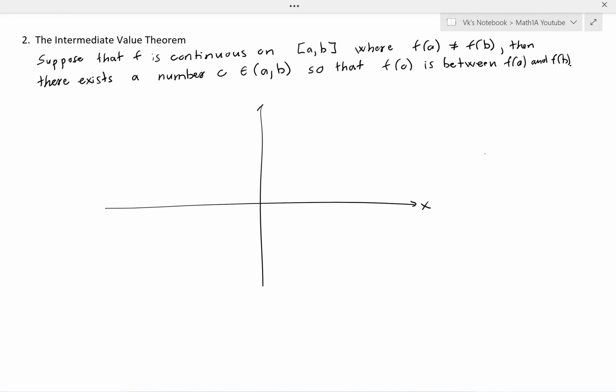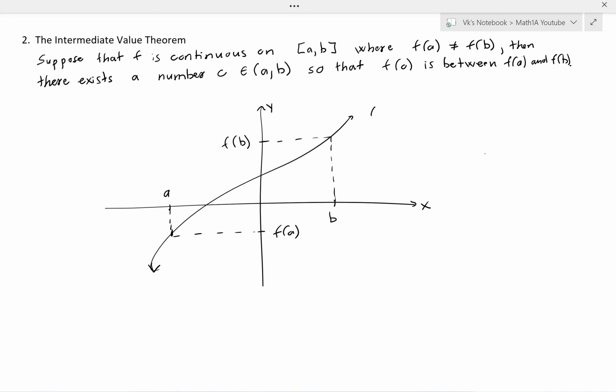Here's x, here's y. So let's say we have a function going like this. If we pick this to be a, then this would be f(a). We can pick this to be b, and we have f(b).